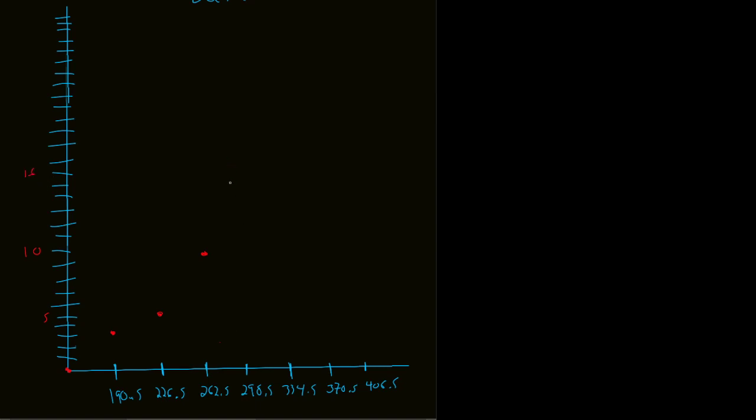So we're up to here. And then 23. Then 27. So 27 is here. And then we end at 30 because 30 is our data set. And we connect these with lines.